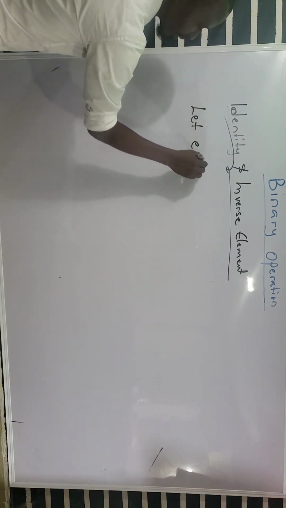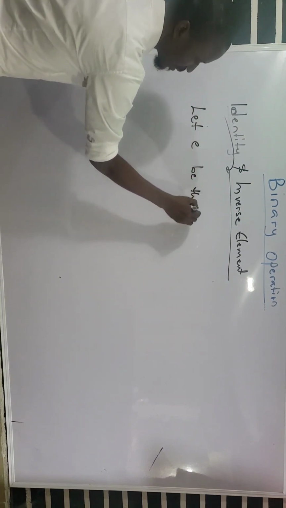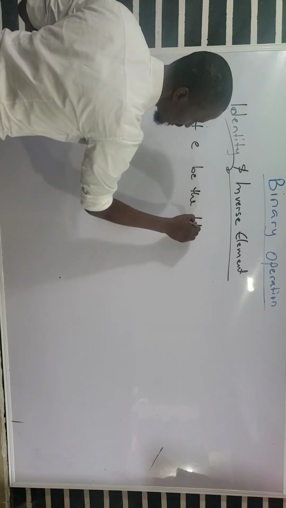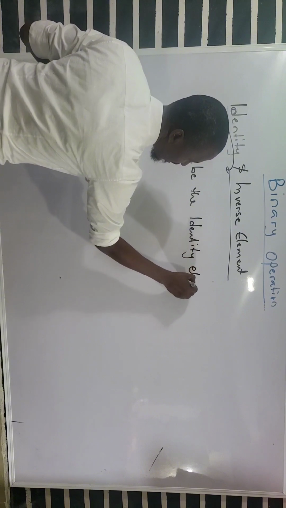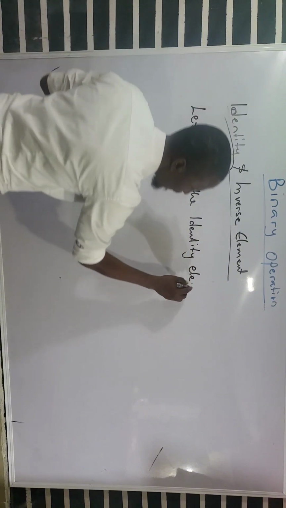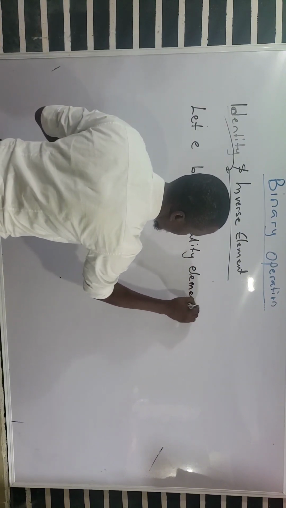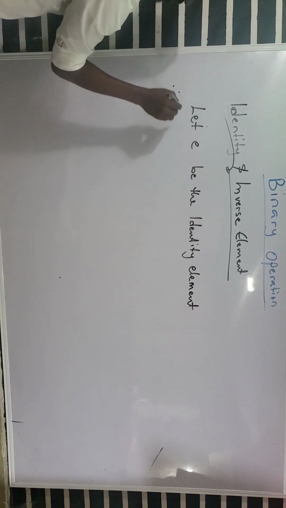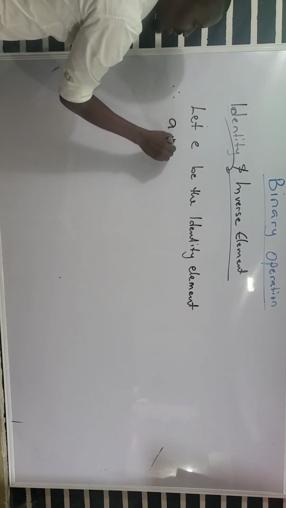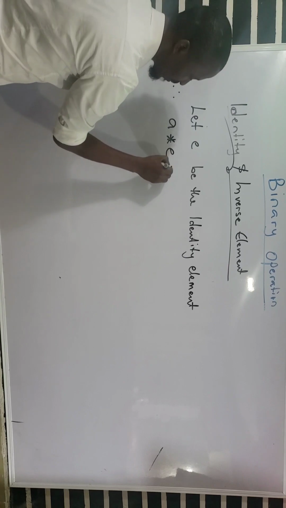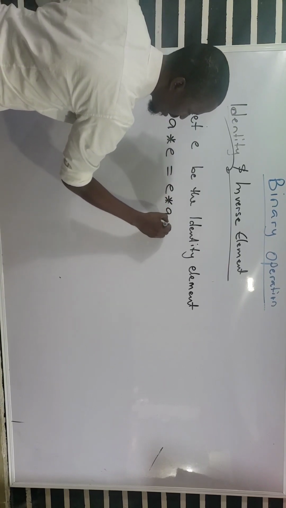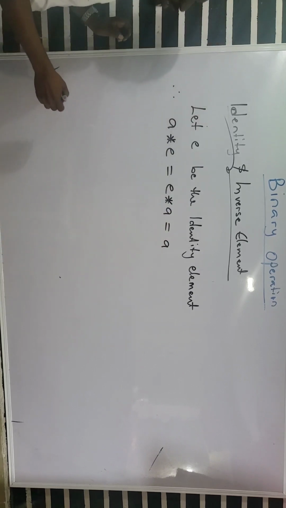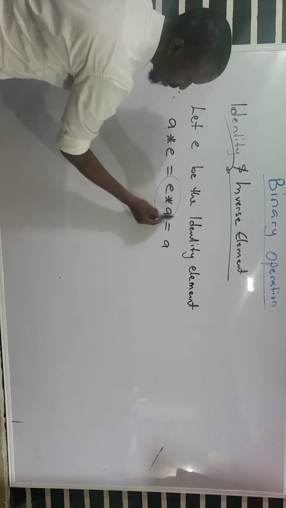Let E be the identity element, therefore A binary E, of course, will give us E binary A equals A. Okay, so you can just skip this one.